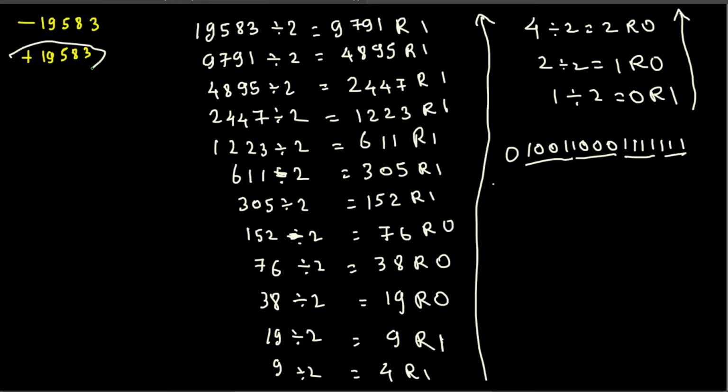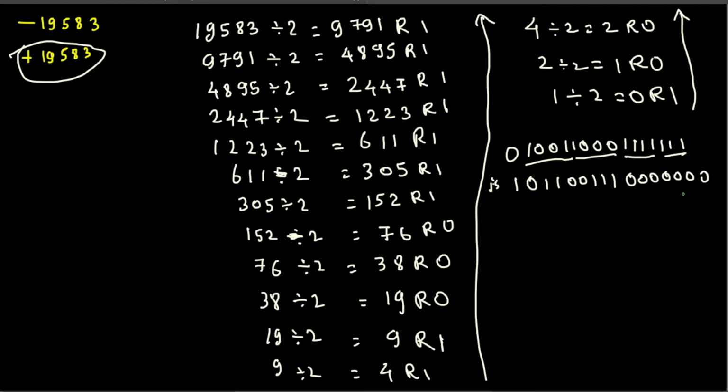We just have the positive of this. Now to represent the negative, we have to do the 2's complement. To do the 2's complement, first we have to do the 1's complement. That is, we turn the zeros into ones, ones into zeros. This is 1 0 1 1 0 0 1 1 1 0 0 0 0 0 0 0.